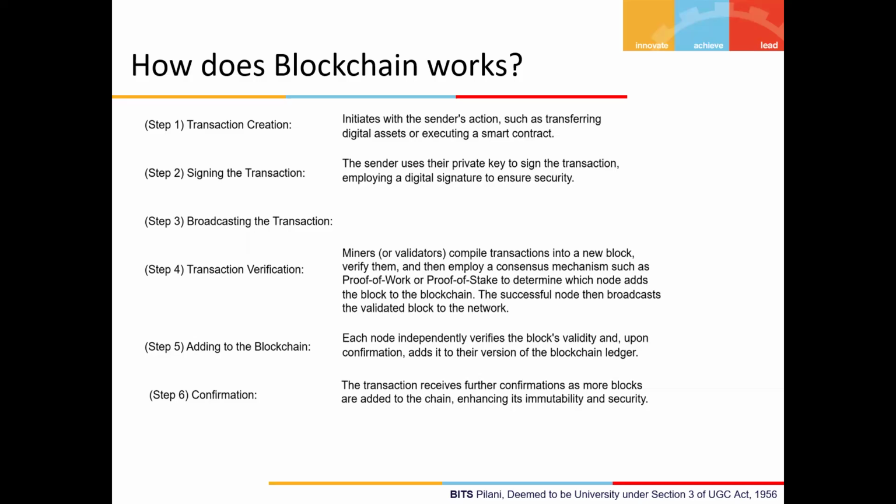Then they verify them, and they employ a consensus mechanism such as proof of work, proof of stake, and delegated proof of stake. There are so many consensus algorithms, and that depends on which blockchain we are referring to. According to it, they use different consensus mechanisms.